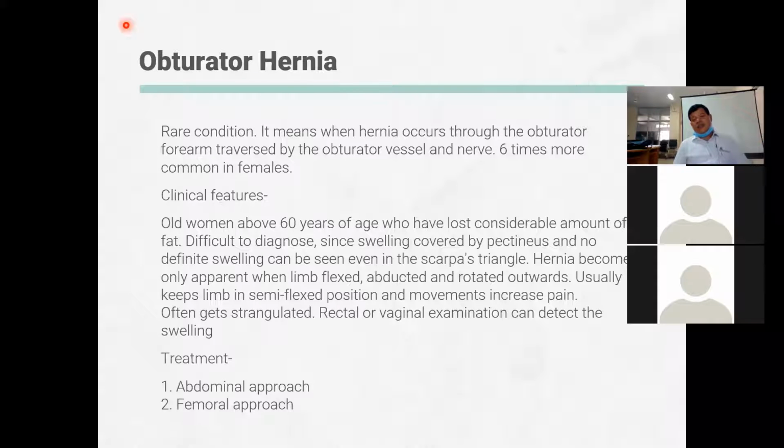Then the sac should be removed, or it can be reduced inside the peritoneal cavity, and the opening should be repaired again with non-absorbable sutures, so that recurrence of the hernia doesn't occur.